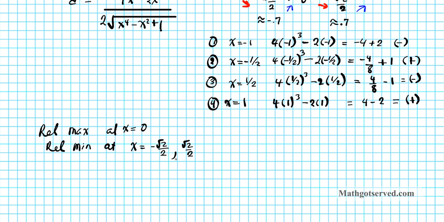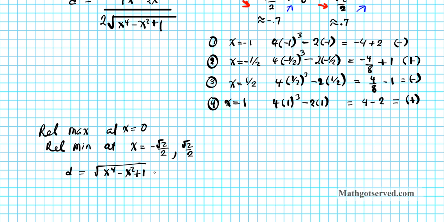So to determine what the minimum distance is, we're going to evaluate the function d. We know that d is equal to the square root of x to the 4th minus x squared plus 1. Now if you take a look at it, what happens when you input these two into this function? You're going to get exactly the same output, because these 2 variables are raised to an even power, so the negativity is of no consequence.